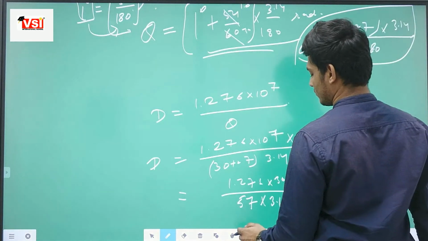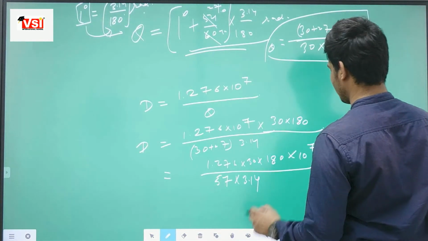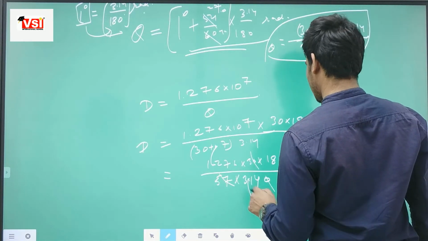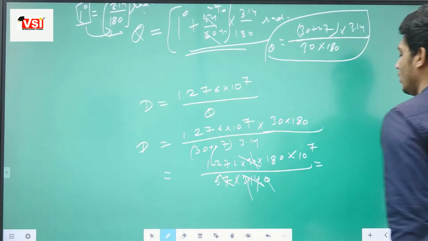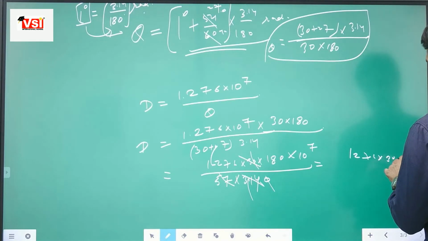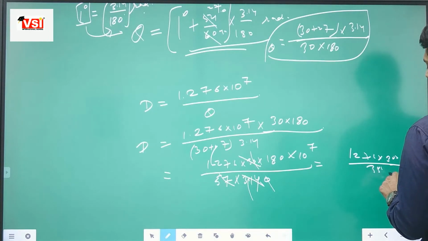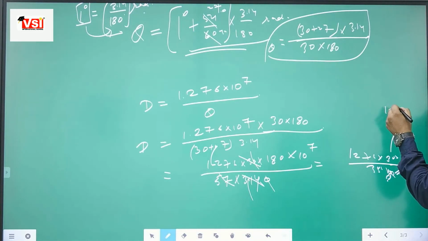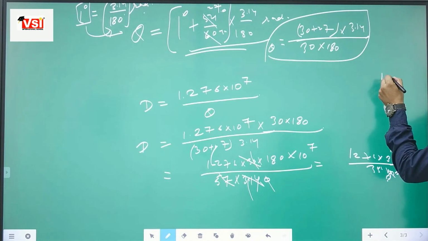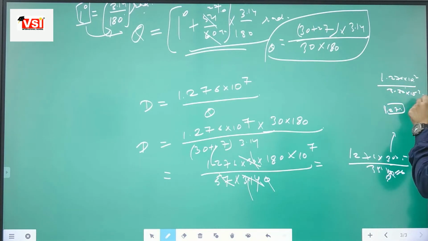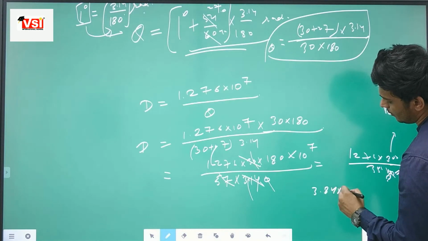Cancelling the terms and approximating, it will give you 3.84 into 10 to the power 8 meter.